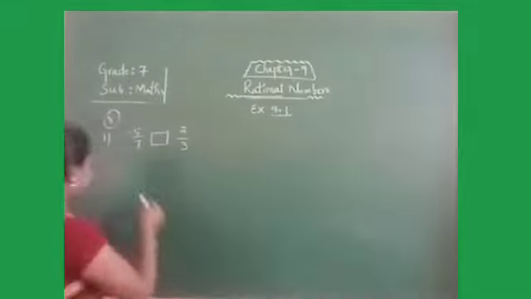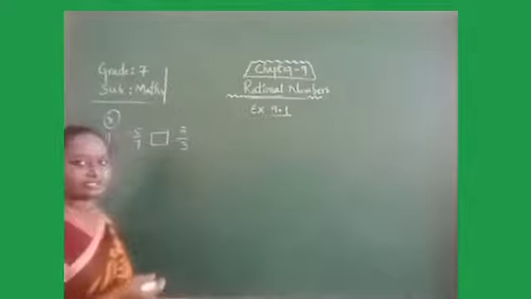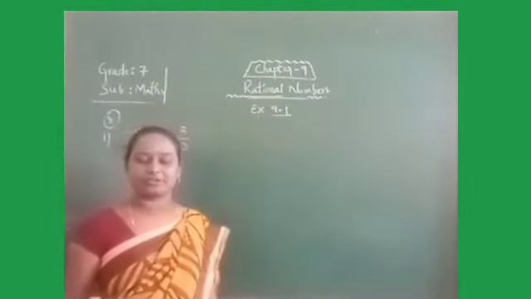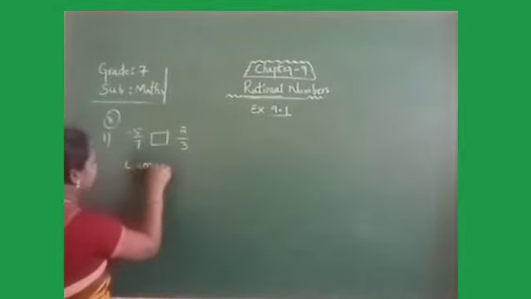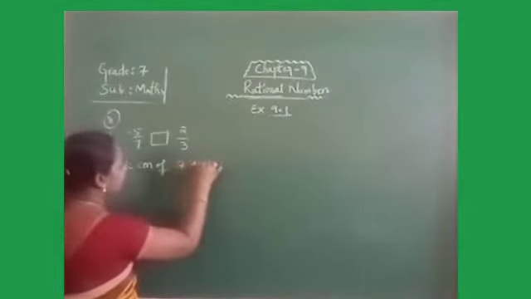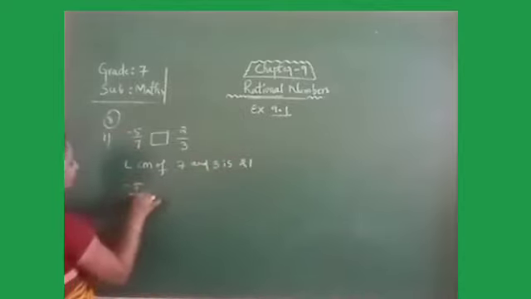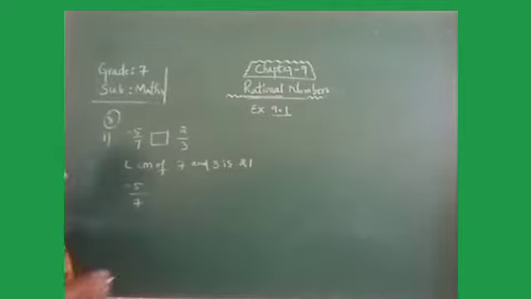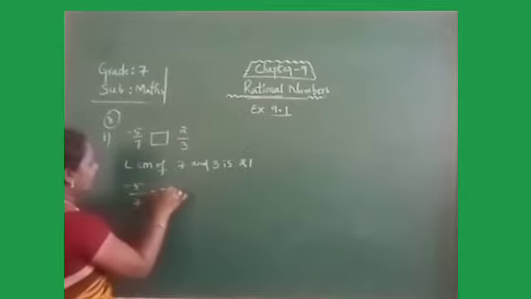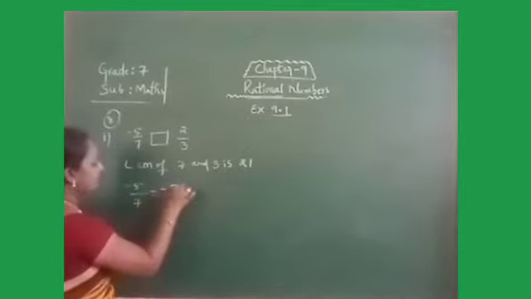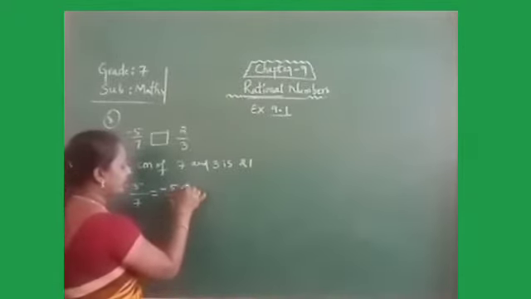Whenever we want to compare two rational numbers, first we have to find the LCM. What is the LCM of 7 and 3? It is 21. Now find the equivalent rational number of minus 5 by 7 with denominator 21, so multiply the numerator and denominator by 3.